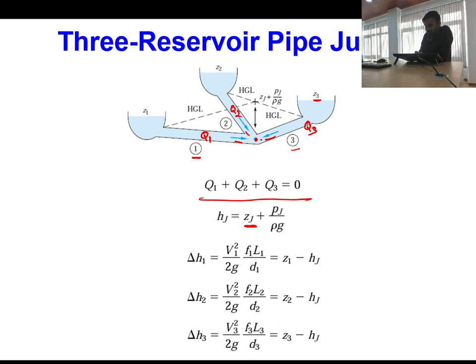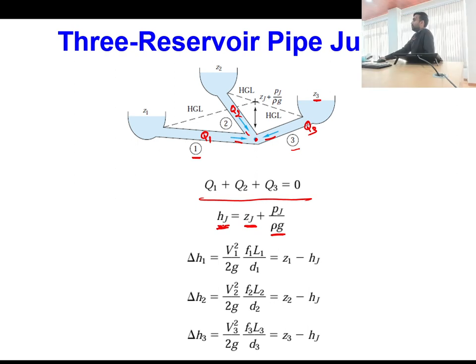Then Pj divided by rho g is nothing but the static head. Okay, so static head plus potential head will make the total head or the total elevation at this junction point, Hj. Is this point clear? How has Hj come?